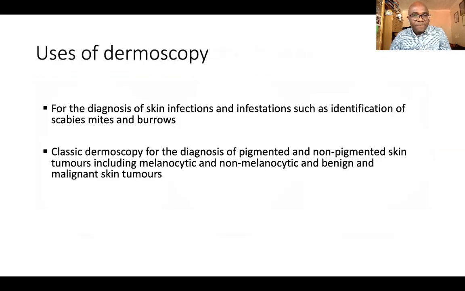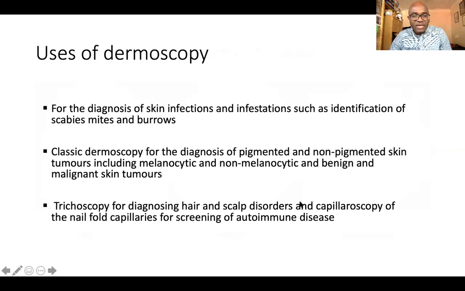Okay. Other things, sometimes you can use dermoscopy in skin infestation, scabies, and also some other non-pigmented lesions as well. You can also use it in some scalp disorders, and also the nail fold, either to distinguish between melanocytic lesions or if you see melanomas in the nail.